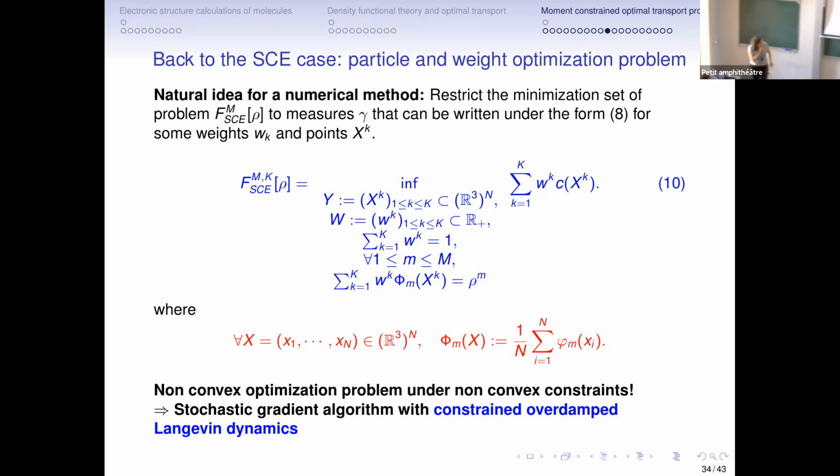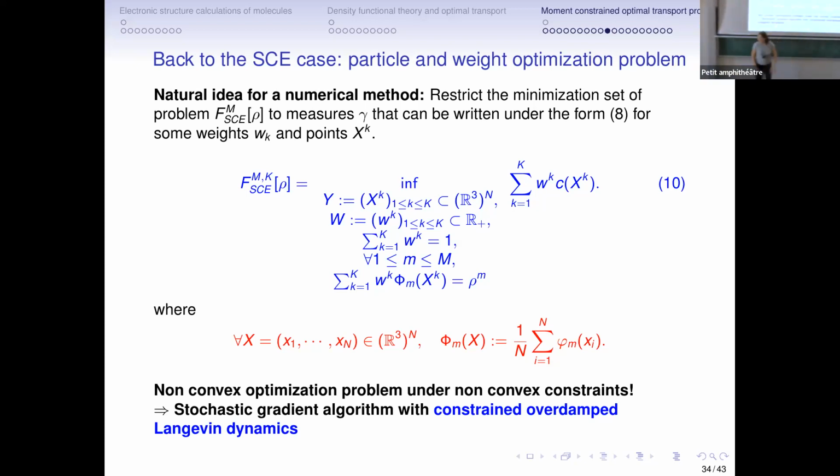Okay. So the way we've done this practically, and that's where I would be very interested to have feedback from experts in constrained Monte Carlo sampling and constrained Monte Carlo stochastic gradient algorithms, is that we've used some kind of stochastic gradient algorithm under constraints here. And the way we do it is to generate solutions of these minimization problems, long time runs, along trajectories of overdamped Langevin dynamics on a constraint manifold, which encodes these moment constraints.